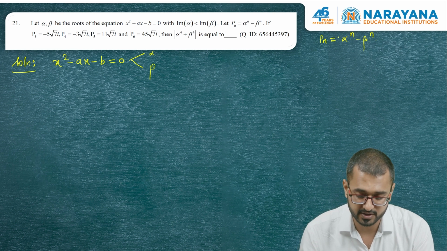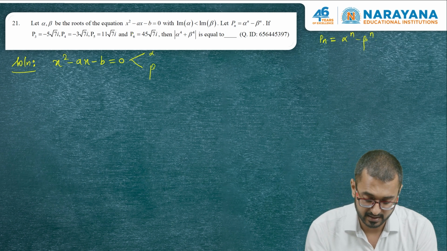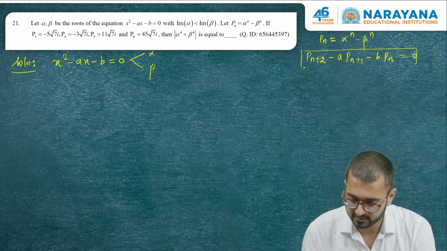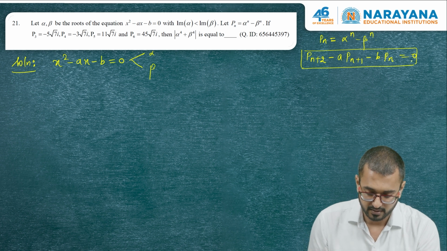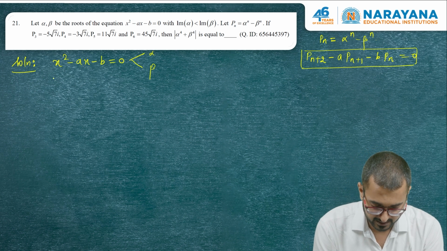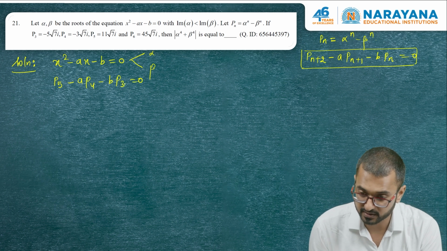the Newton's formula, which is most commonly known, and then we know that it will satisfy Pn plus 2 minus a into Pn plus 1 minus b into Pn is equal to 0. So we get this. Now P3, P4, P5 are given, so we can apply to get P5 minus a times P4 minus b times P3 is equal to 0 using this.